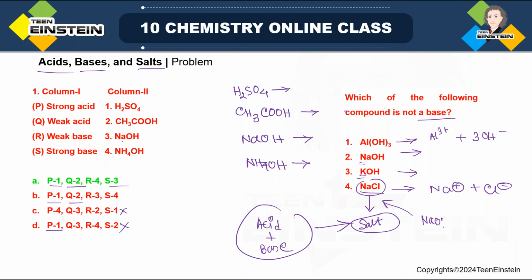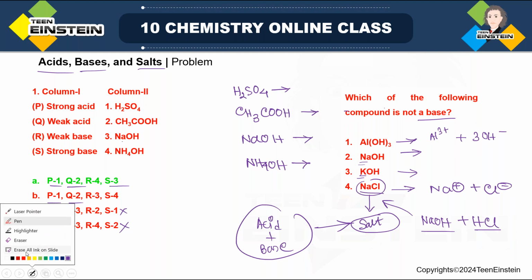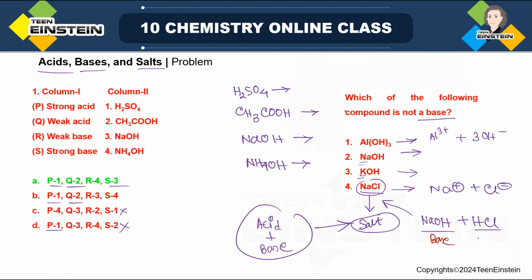If you are thinking about which acid and base produce sodium chloride, you can take NaOH as the base and HCl as the acid. When these two combine with each other, this positive part and the negative part together make NaCl, which is the salt, and the remaining part together makes water. So acid and base together make salt and water.